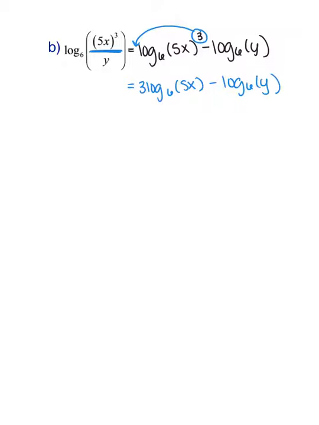And next, I need to undo this multiplication here. So now I've got 3 times log base 6 of 5x, and I'm getting ready to split it into 2 logs. So I need to make sure I use parentheses to make sure that 3 is being given to both logarithms. And then, if I want, in my last step, I can go ahead and distribute that 3.